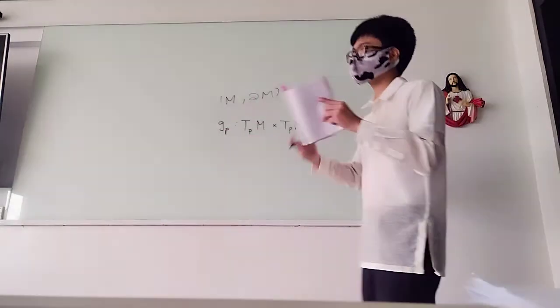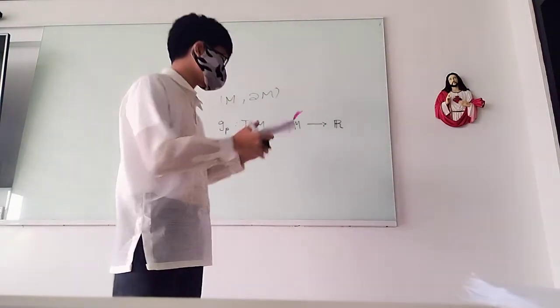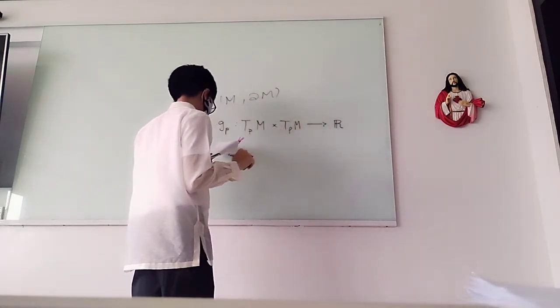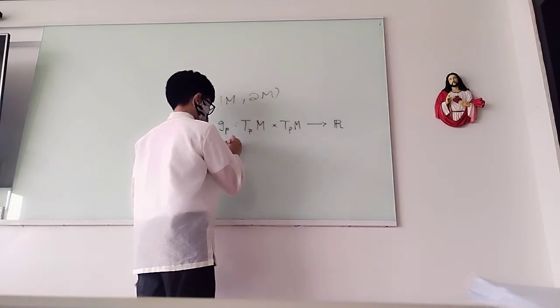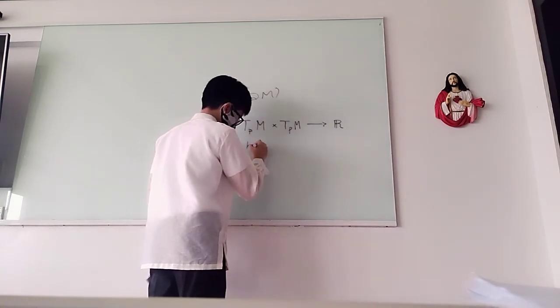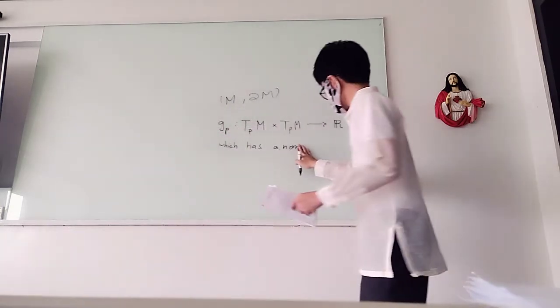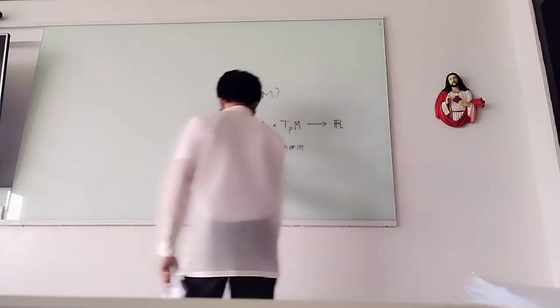Probably the distance, maybe the dot product, perhaps, of the two, or not the cross product, but rather the dot product, I believe. And so, which has a norm. The norm is defined like this.